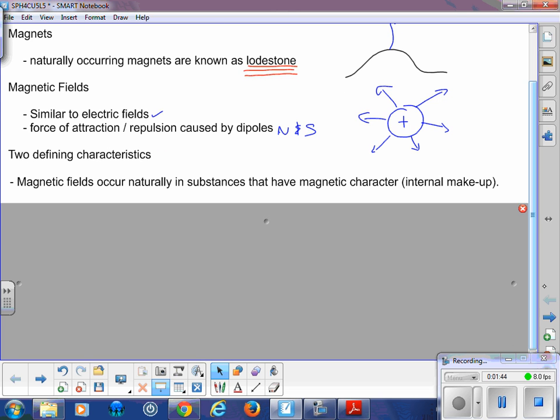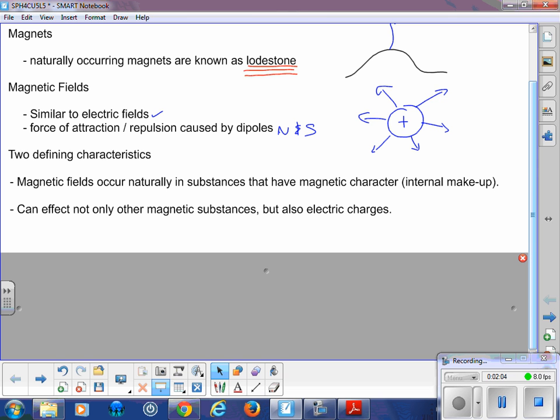So what are two defining characteristics? Magnetic fields occur naturally in substances that have magnetic character, and that's due to their makeup inside. Magnetic fields occur everywhere in the world around us. You right now are probably sitting in a magnetic field, and we'll talk about that in a minute.